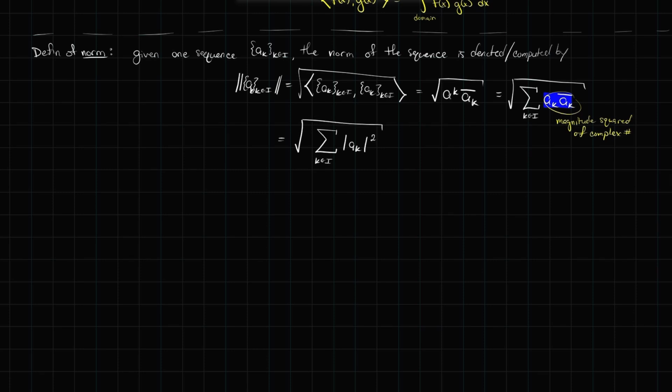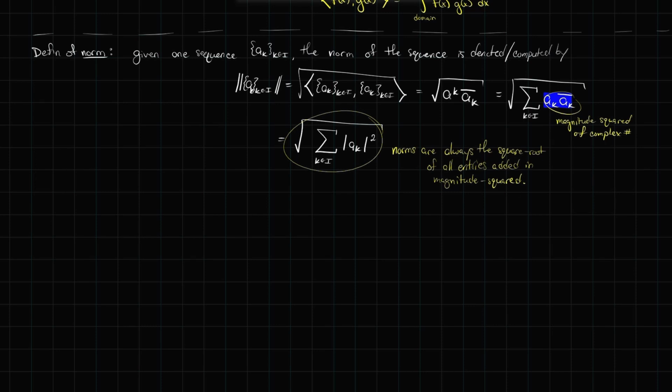If it's complex valued, then the magnitude squared. If it's real valued, then you can just go ahead and square everything. But it's always going to be, so norms are always the square root of all entries added in magnitude squared. So you're going to take the magnitude squared of every entry of a sequence, and then you're going to add all those together and then finish off with the square root.